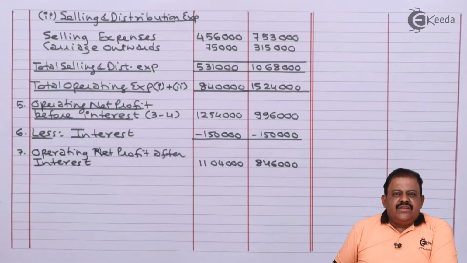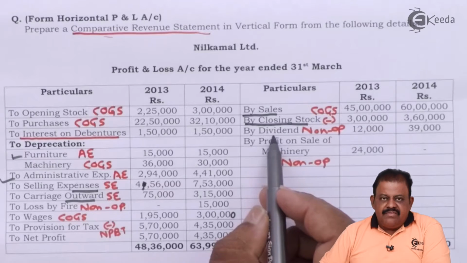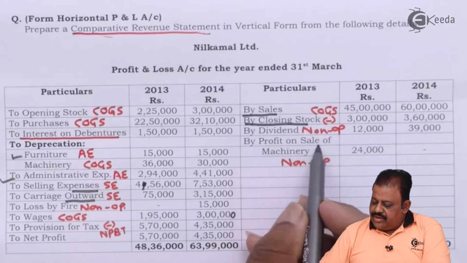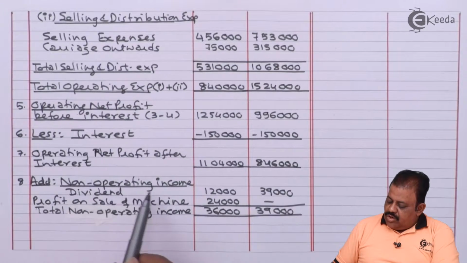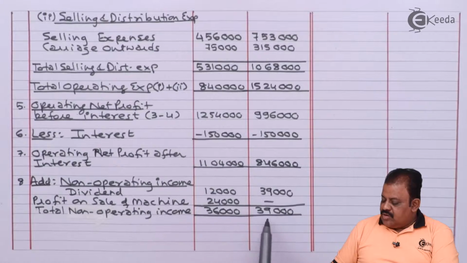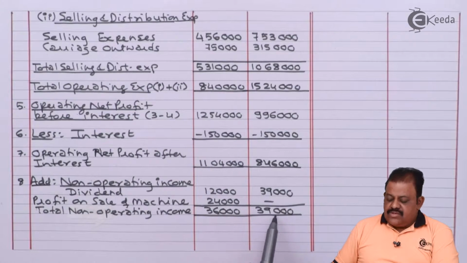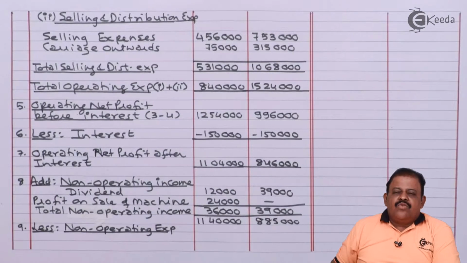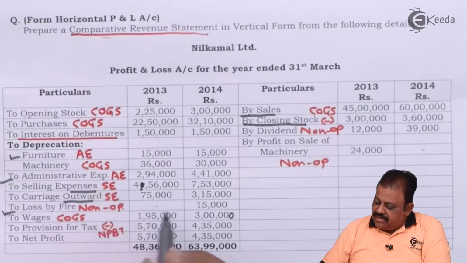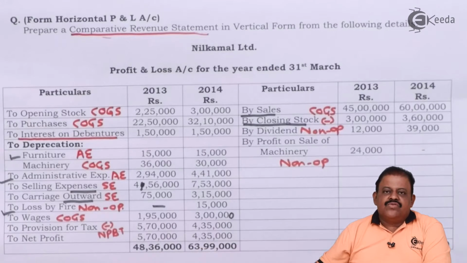To this we'll be adding non-operating income, dividend on shares, profit on sale of machinery, non-operating incomes. Total non-operating income 36,000, 39,000. This will be added to operating net profit after interest. From this we are required to deduct non-operating expenses and losses. Loss by fire 15,000.